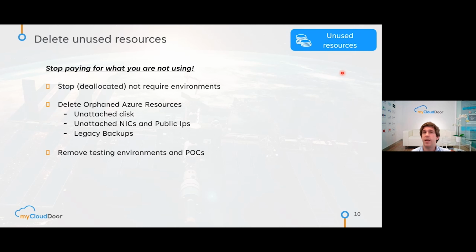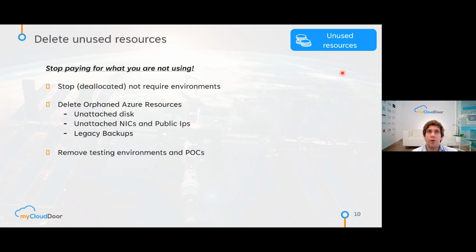We are seeing that in so many customers. It doesn't matter the size or the country of the customer. They are starting new projects, new initiatives, new laboratories, but they are not removing them. For that, we always recommend to have a tagging policy, so you can easily identify the owner of each resource. So you can check with them if they require those environments or not.